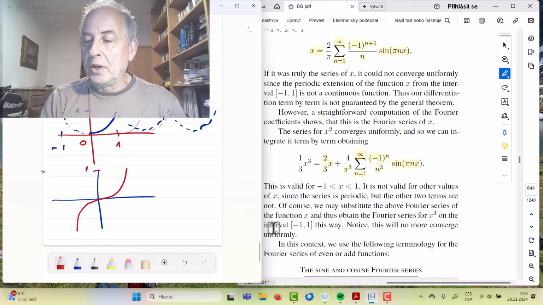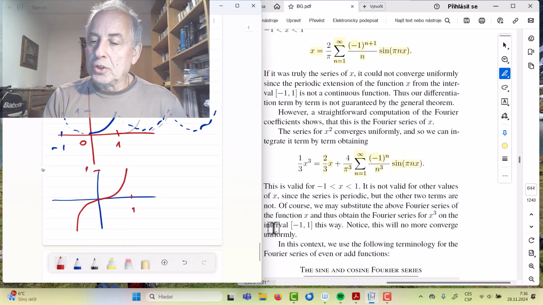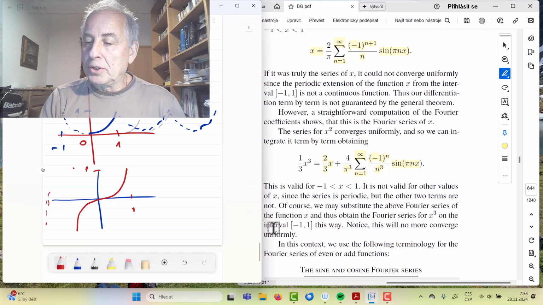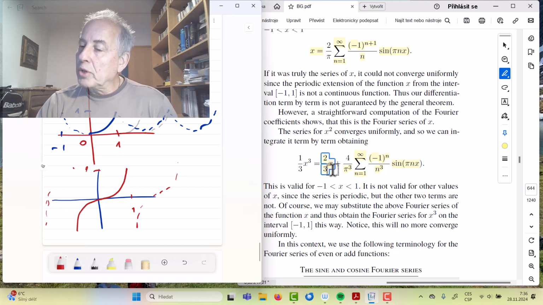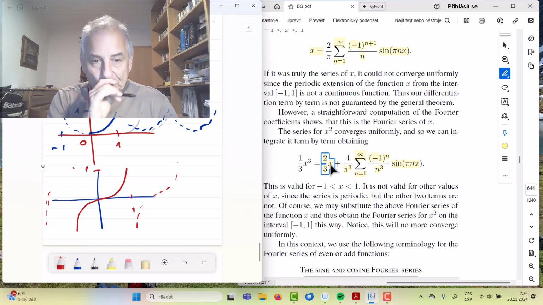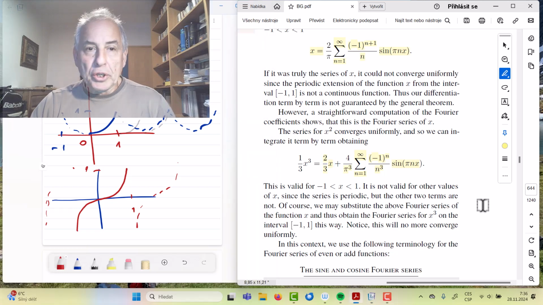That's again 1, 1, and so the periodic extension will be just going this way. So there will be the jumps, and it will behave like the Heaviside function, but you can get it by plugging in.